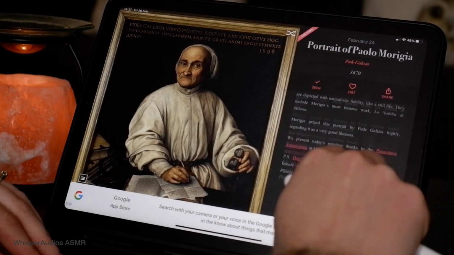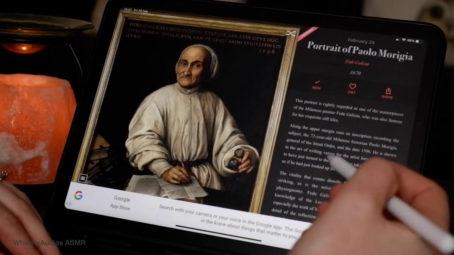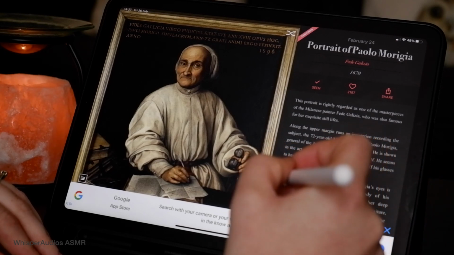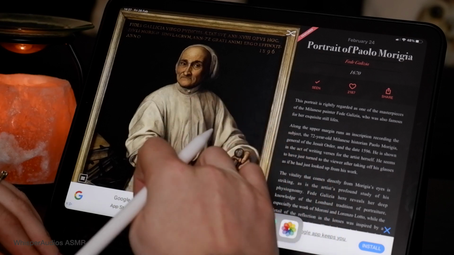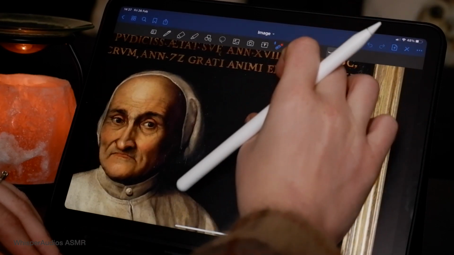So, let's make some notes on what we have learned about this particular painting on our Goodnotes app. So, what do we know?